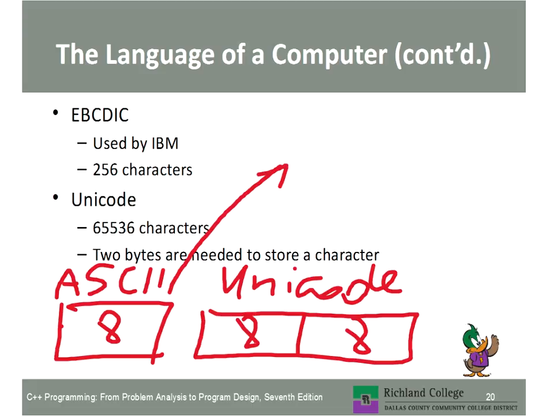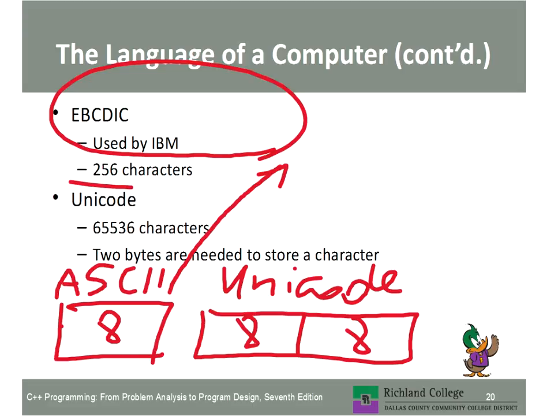So after that ASCII, in order to accommodate other languages, European languages or Spanish or German that have more characters, then EBCDIC was used, that now uses 256 characters. So ASCII was 127 characters, EBCDIC is 256 characters, okay? But now you have the Asian languages.